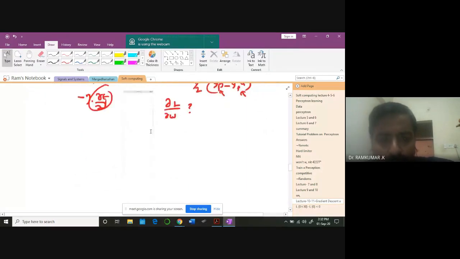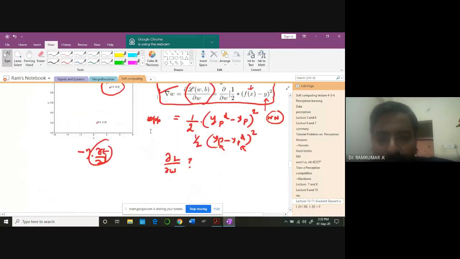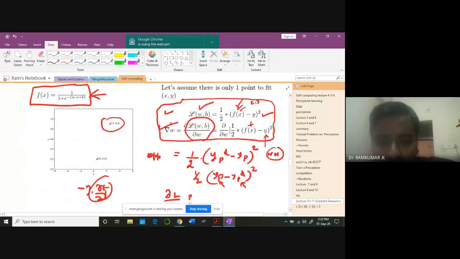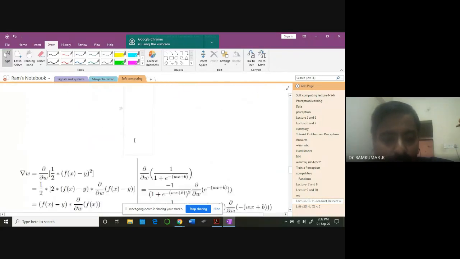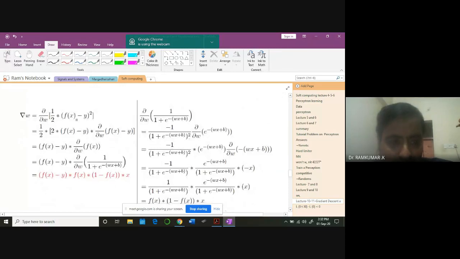Now we'll move. Now I'm looking for delta w. It means I need to differentiate this with respect to w once. f of x is a function, you know that, and (f of x minus y) squared is the term. First I'm differentiating with respect to w, so this f of x is going to have that w.